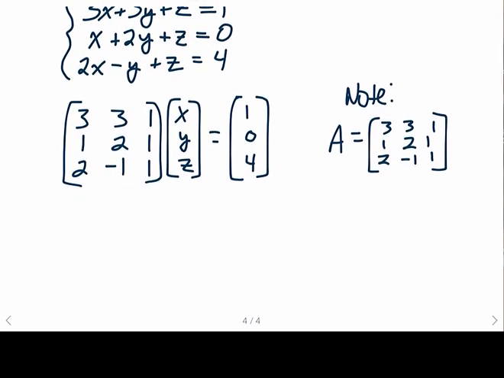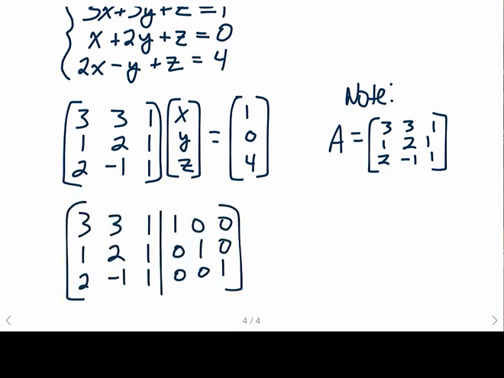I would set up an augmented matrix with those numbers on the left and the identity matrix on the right, and then perform row operations, which we did in a previous video. I know, so efficient, isn't it?